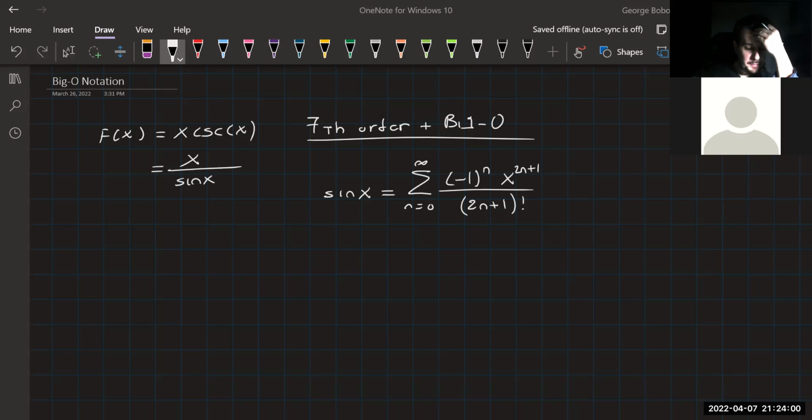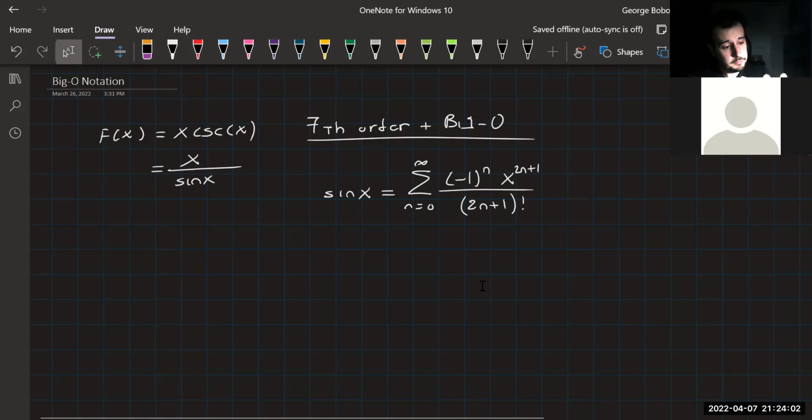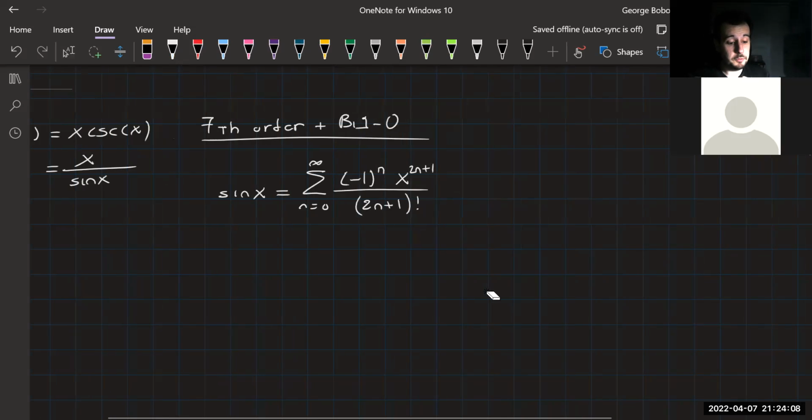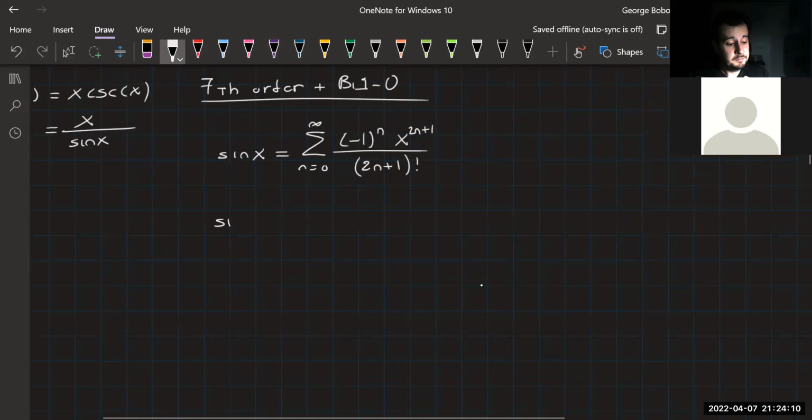And if we are doing so, I should put in the first 7 terms for this approximation. So sine of x to the 7th order, I guess. We can start plugging in numbers here for n.